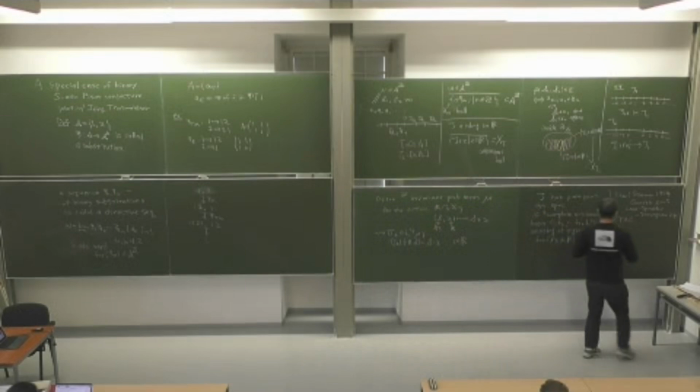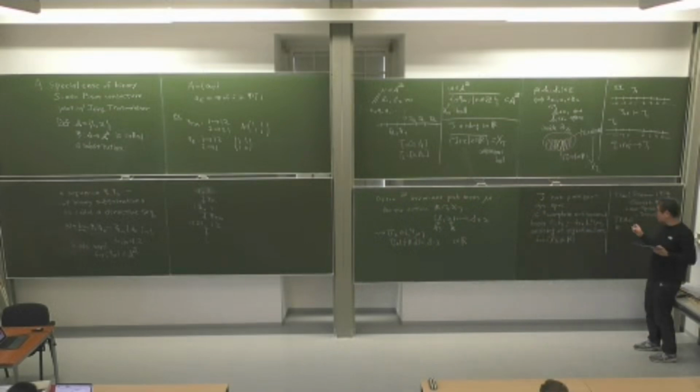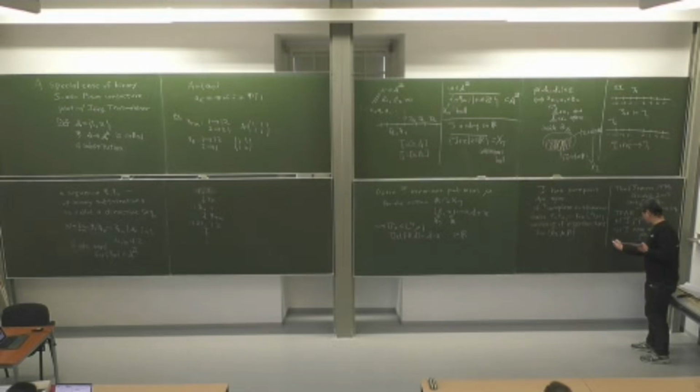The following are equivalent. The first condition is T has pure point spectrum. The second condition is T is mean almost periodic. And the third condition.